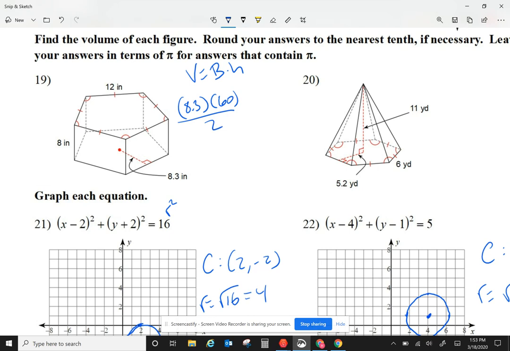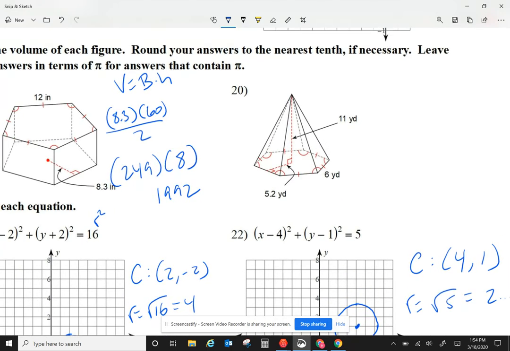And I'm going to divide this by 2. That's the base. So 8.3 times 60 divided by 2. That's going to give me 249. Let me multiply this by the height. 249 times 8. I get 1,992.